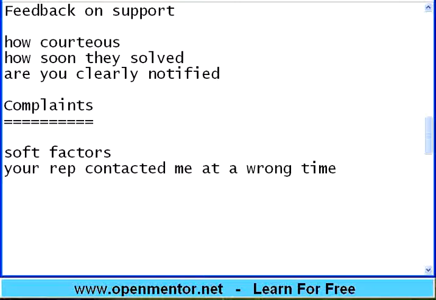I said don't contact me between 3 and 5, but your guy kept on calling me between that time, which is a disturbance to me. So a lot of complaints can come, but complaints are also tickets. Usually we take complaints as soft issues. So somewhere we need to track those complaints and then close them.